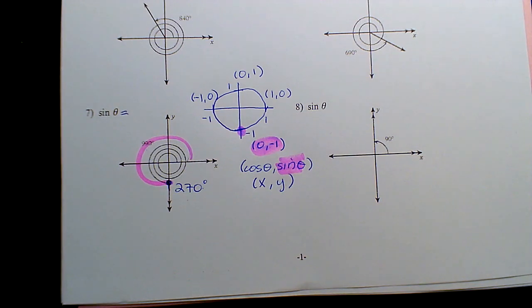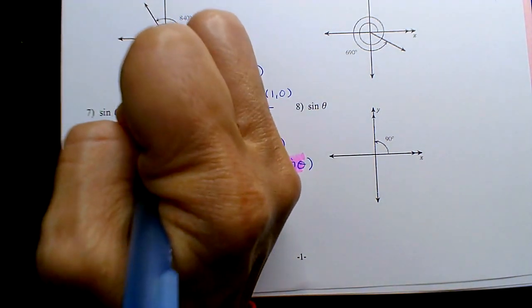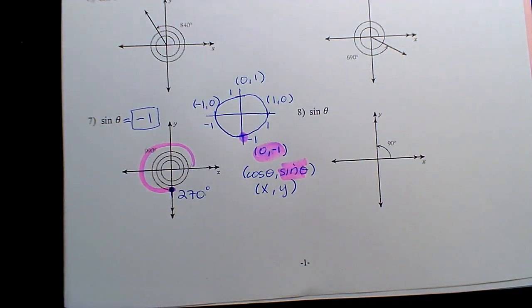It's the coordinate, but which component? It's just negative 1, because you're only measuring 270.